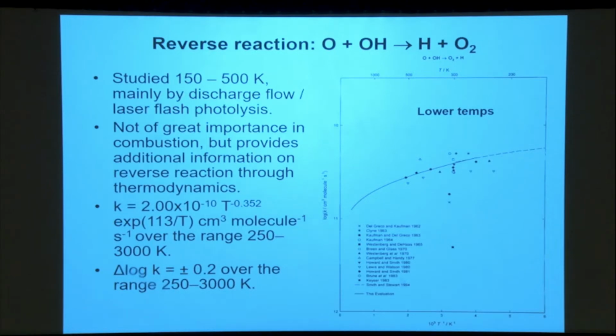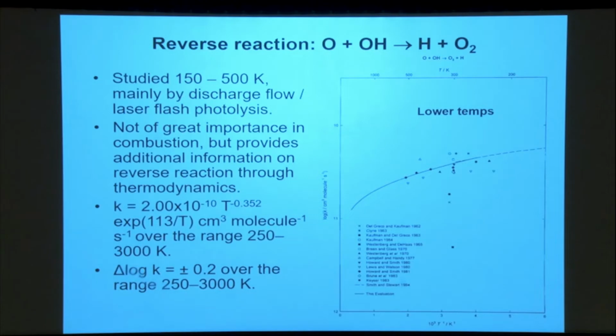It might be better to use the most up-to-date thermodynamic information and actually estimate it from the forward rate using the equilibrium constant, than base our rates on uncertain experimental measurements, I would say.